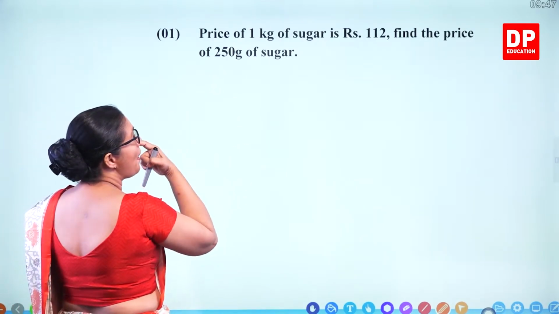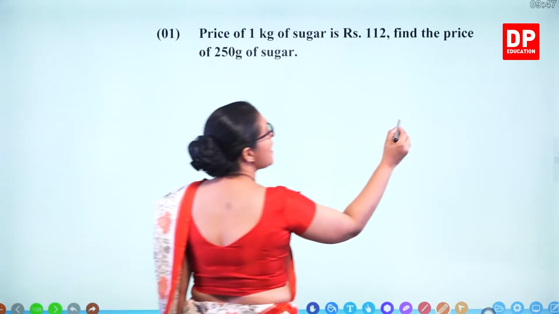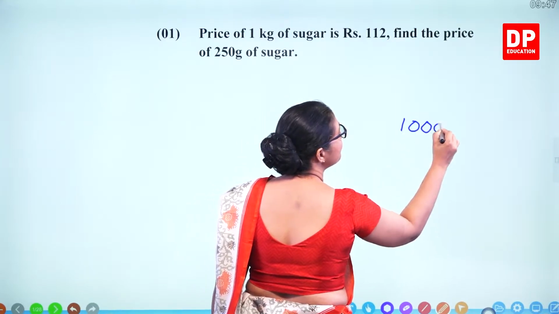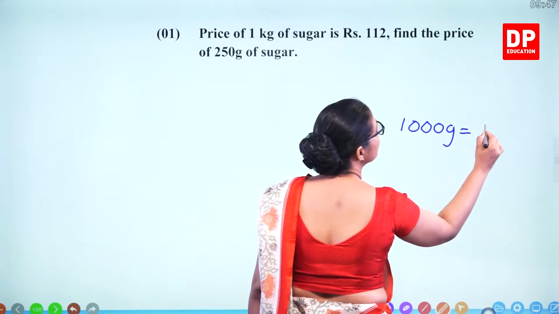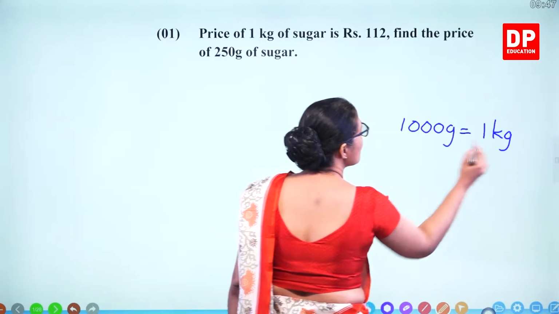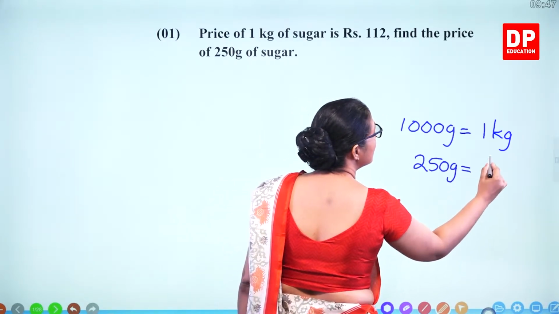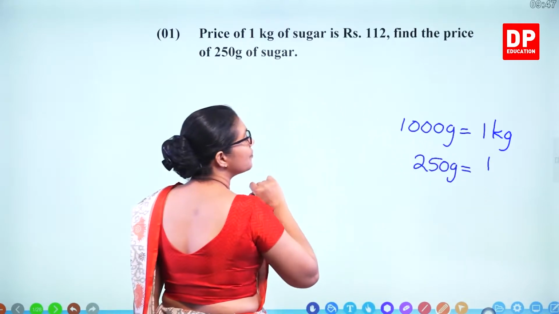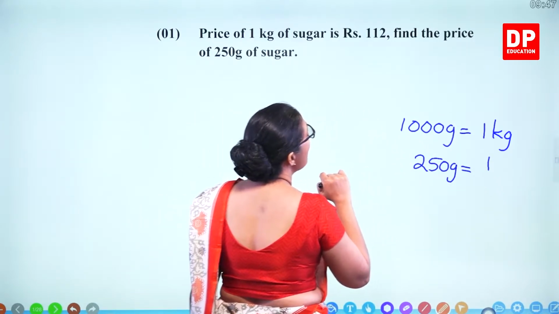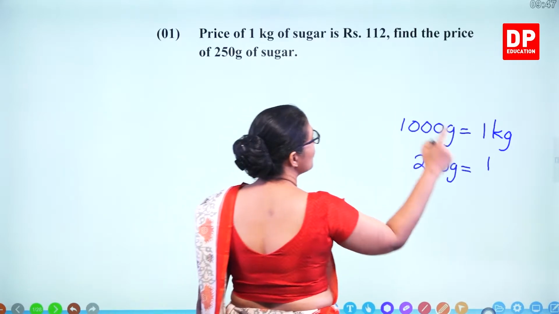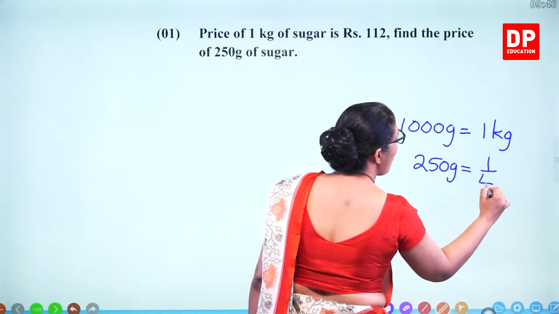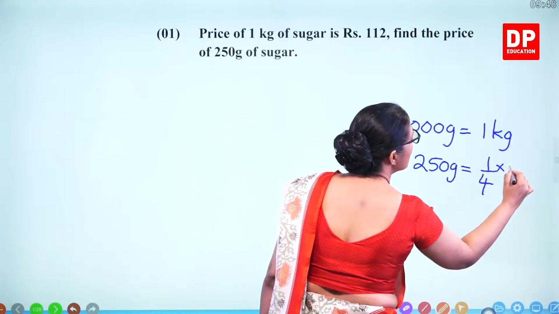So here, 1 kilo means 1000 grams. So 250 means you have to divide by 4. So 1/4 of 1000.